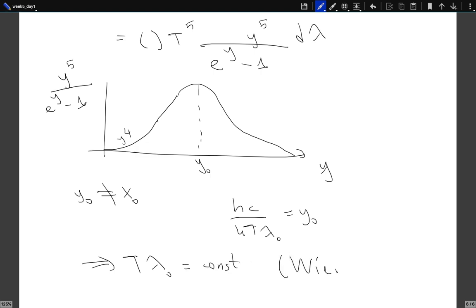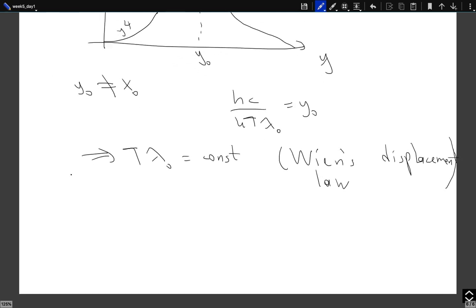This is called Wien's displacement law. So t times the wavelength at which the majority of the radiation is emitted, their product is always constant. If you increase the temperature, the wavelength decreases. Just note, lambda 0 is not equal to c over nu 0.